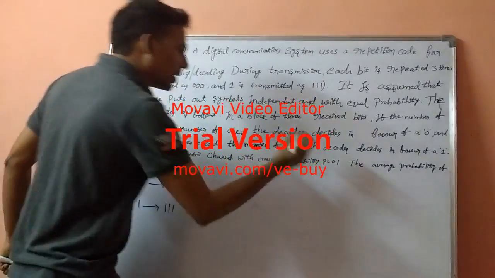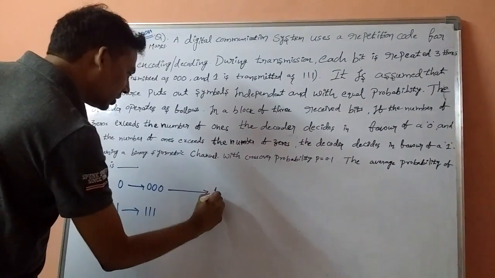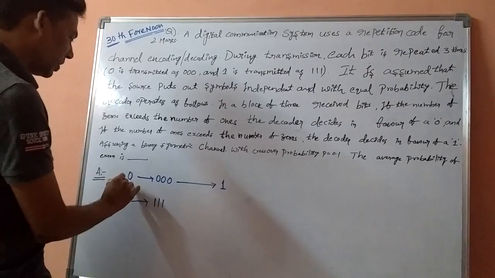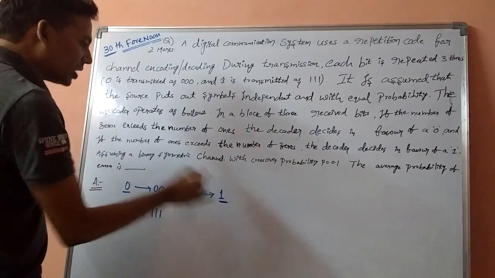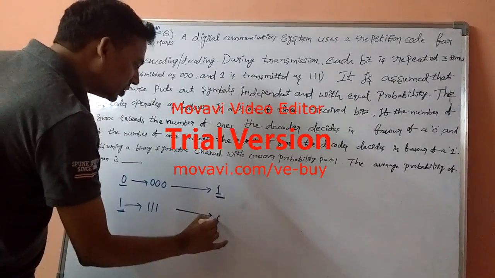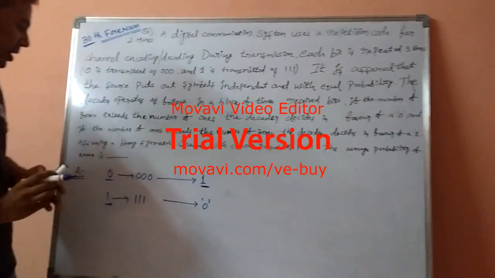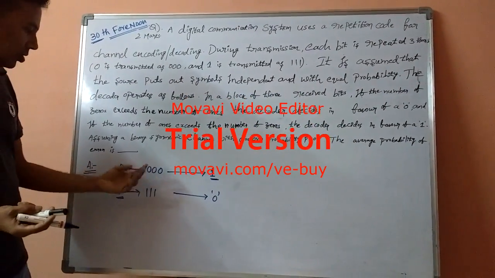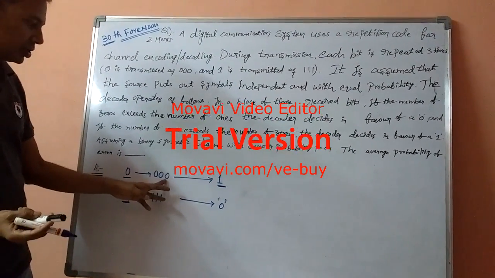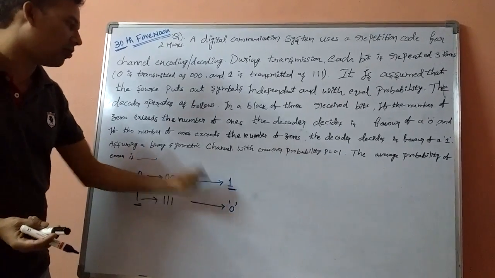Now error means 0 detected as 1, or 1 detected as 0. When transmitting 0, an error happens when, out of these 3 zeros, at least 2 bit positions become 1.